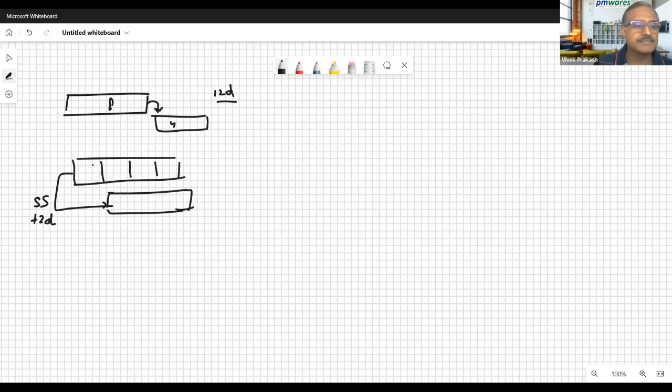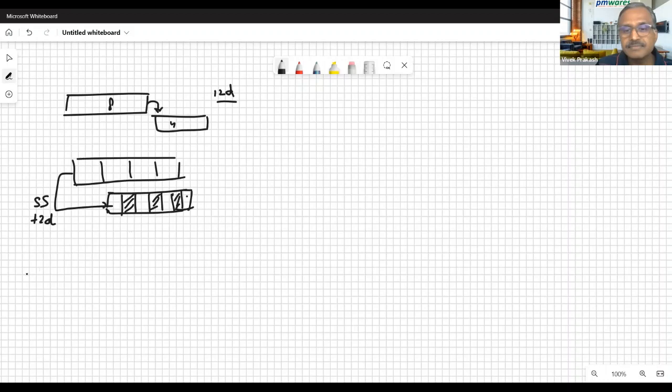So what will happen? Plaster will take only 1 day, right? But the second brickwork is not ready, so the person will sit idle here. Then 1 day, then sitting idle, then 1 day, then sitting idle, and then 1 day.